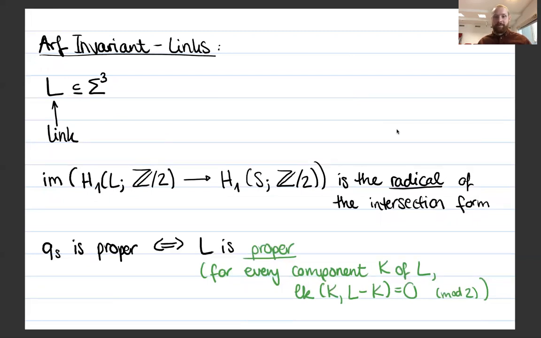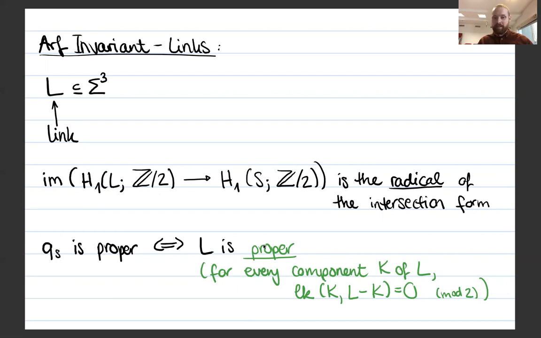So in the link setup, we again take any bounding Seifert surface S, and this H1 of S is again our vector space V, but now there's a radical we have to deal with. In the case of knots, there's no radical, but here you have the image of the boundary in H1. For a knot, there's nothing, because the boundary bounds the whole surface and is therefore 0 in homology. But here you'll have a non-trivial radical. And so when you write down the same Q sub S as before for the case of knots, you find that this is proper if and only if your link satisfies the condition, which is also called the link being proper.